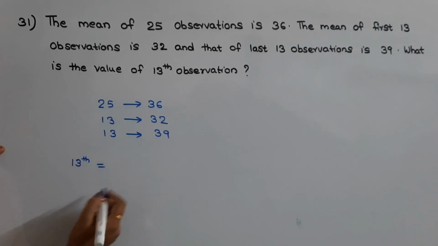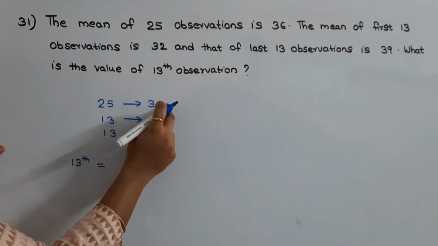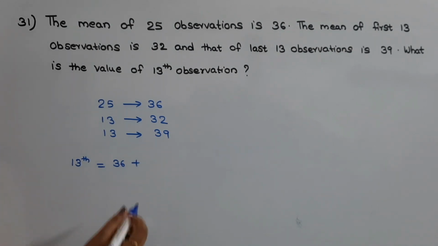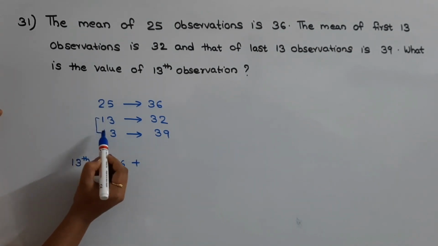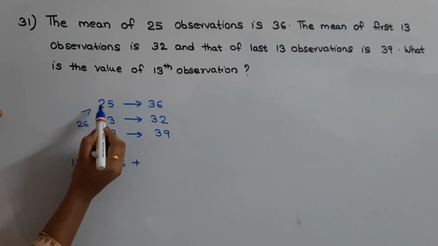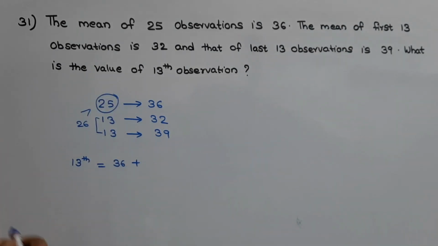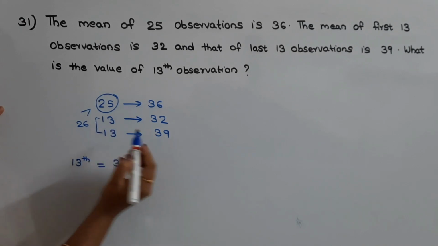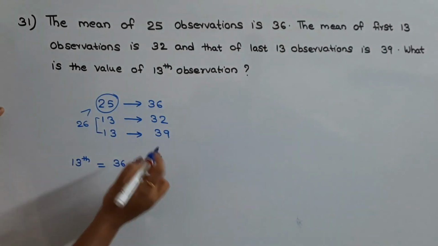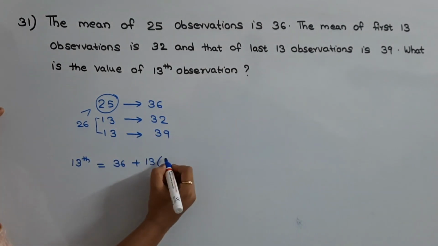So this will be equal to the average of the total observations, that is 36, plus, now see, 13 plus 13 is 26, and this 26 is greater than 25. So multiply this 13 by the difference between these two averages, that is 32 minus 36.